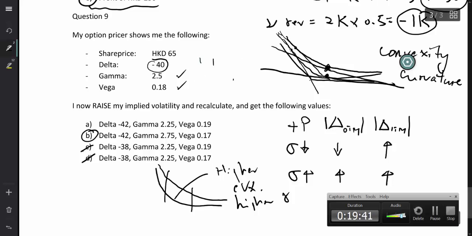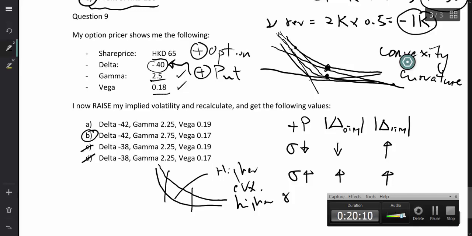the logical steps, I'm happy to go through this again. The logical steps for me, step 1, I just take a look at this and I know that I am long options. First, I'm long options. I don't even care calls or puts because I have positive gamma, positive vega, I must be long options. And number two, I'm long a put, and I can see that because the delta is negative.